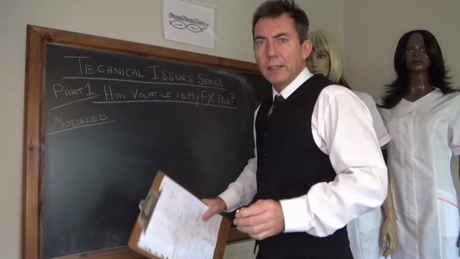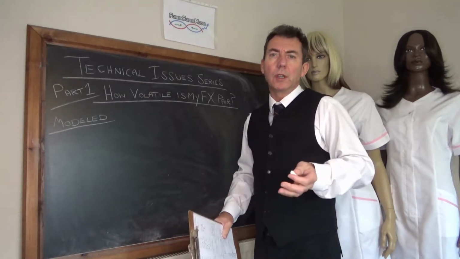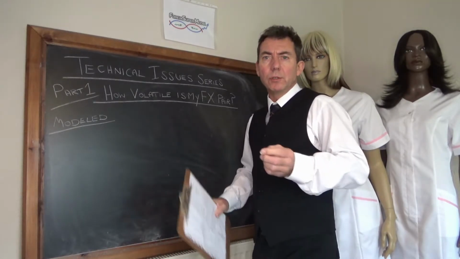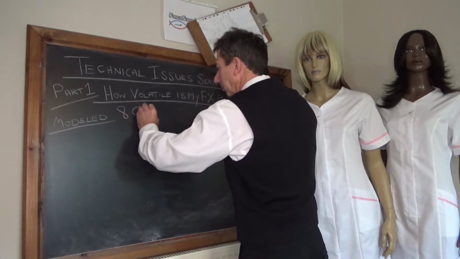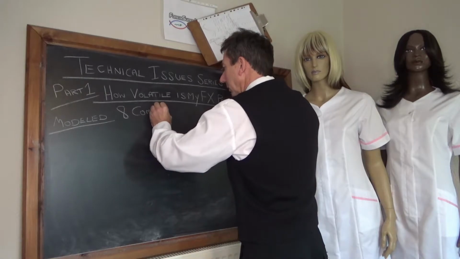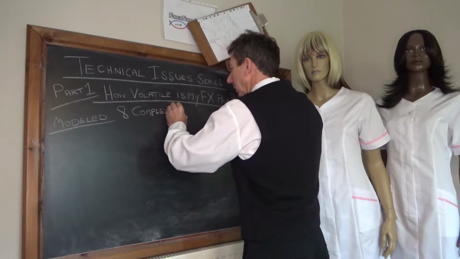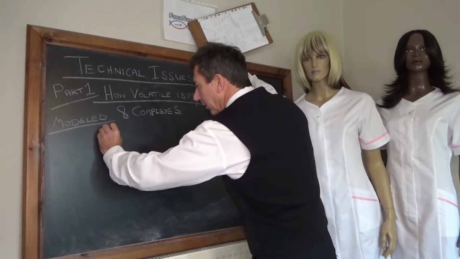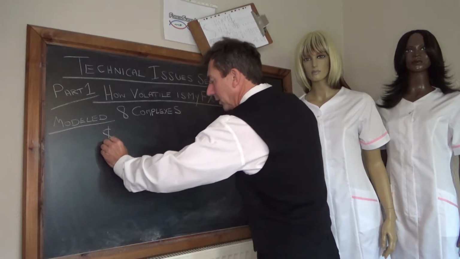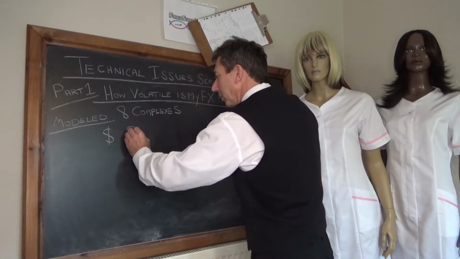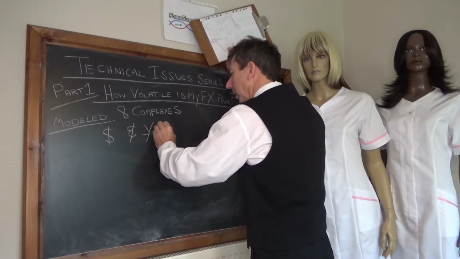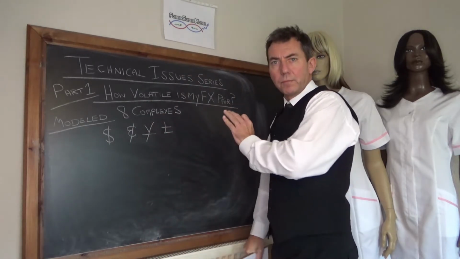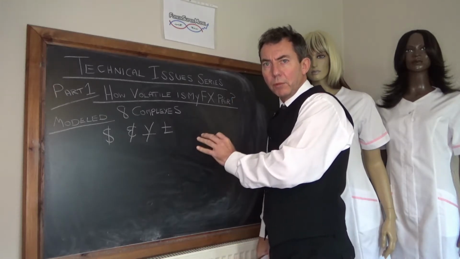the FX pairs that we use in the complexes, and we use 8 complexes. They are the dollar, the USD, the euro, the yen, the pound, and they're the 4 that we use in the daily briefing.